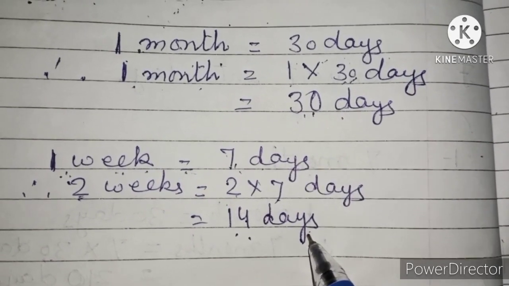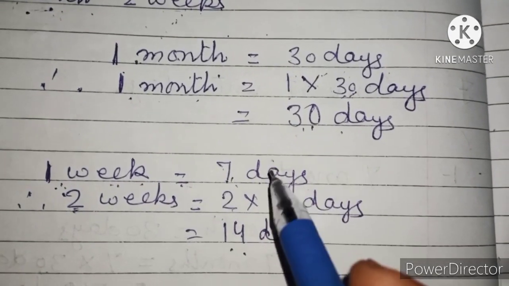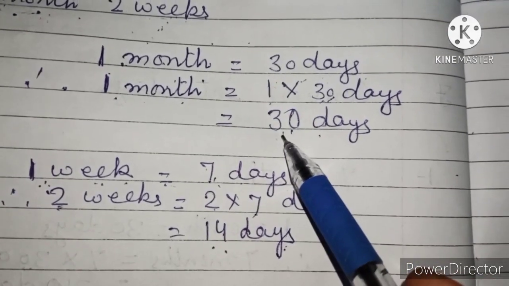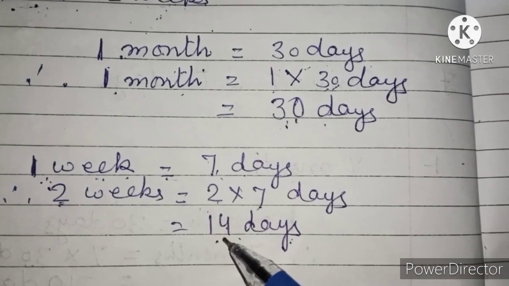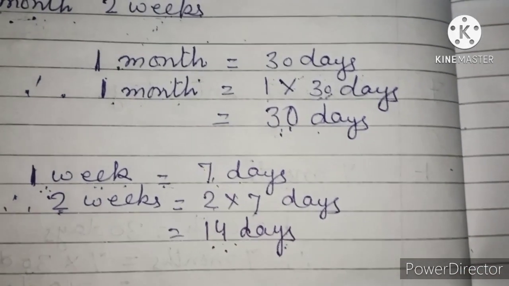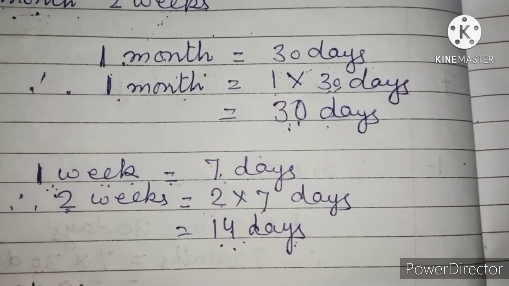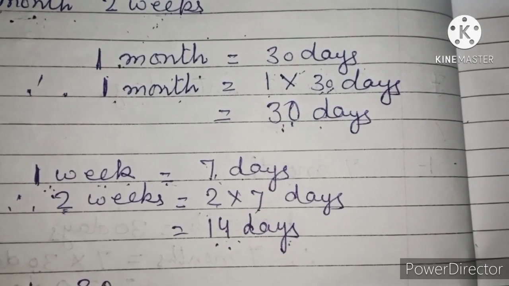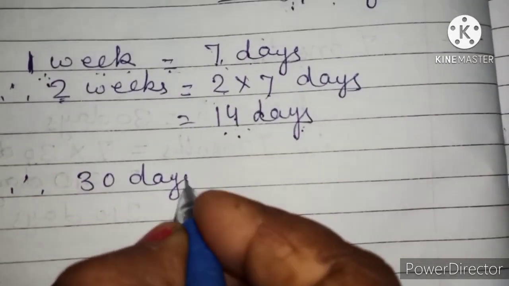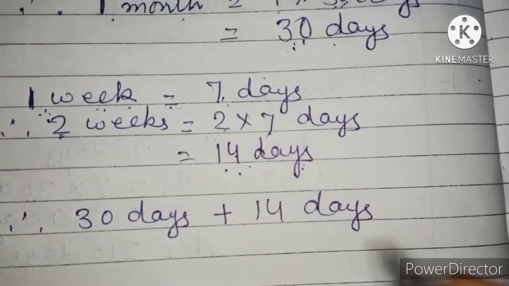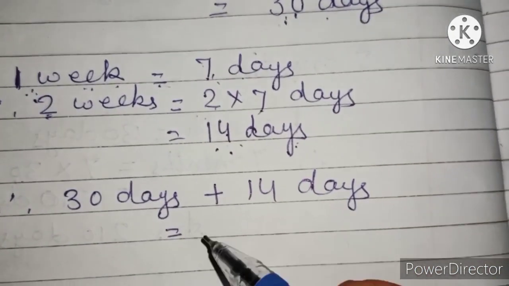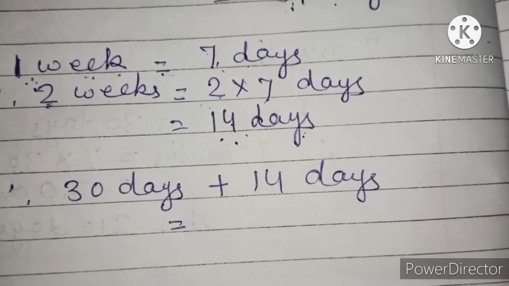Now we have to add 30 days and 14 days. So 30 days plus 14 days is equal to, now we have to add.